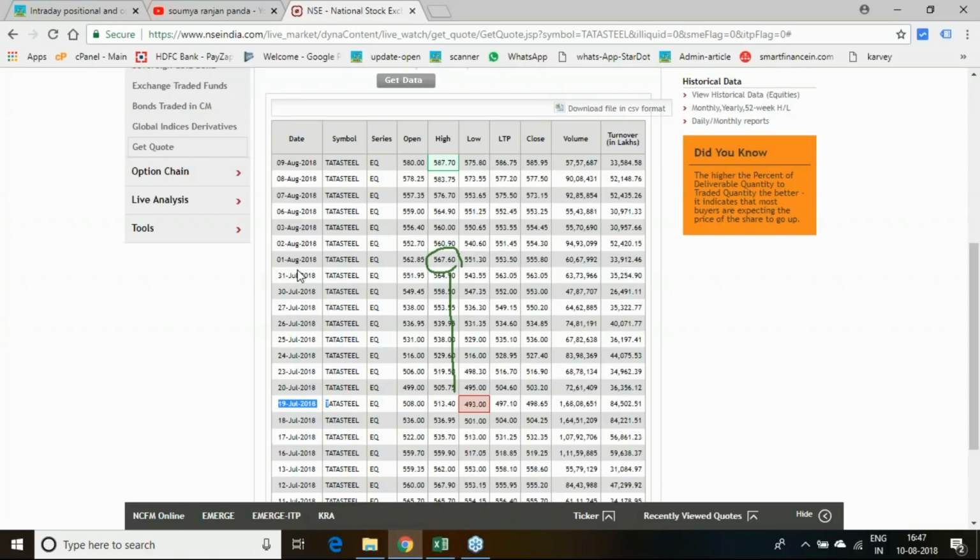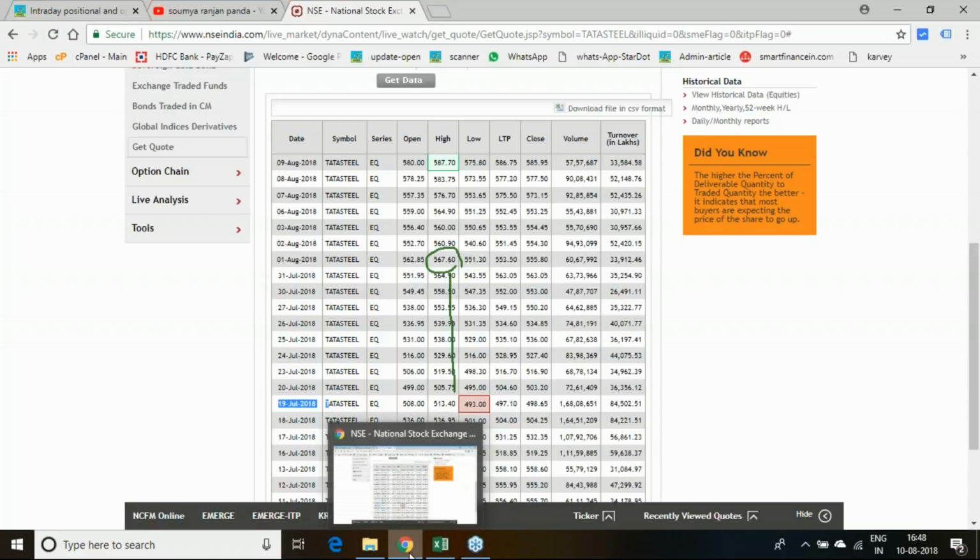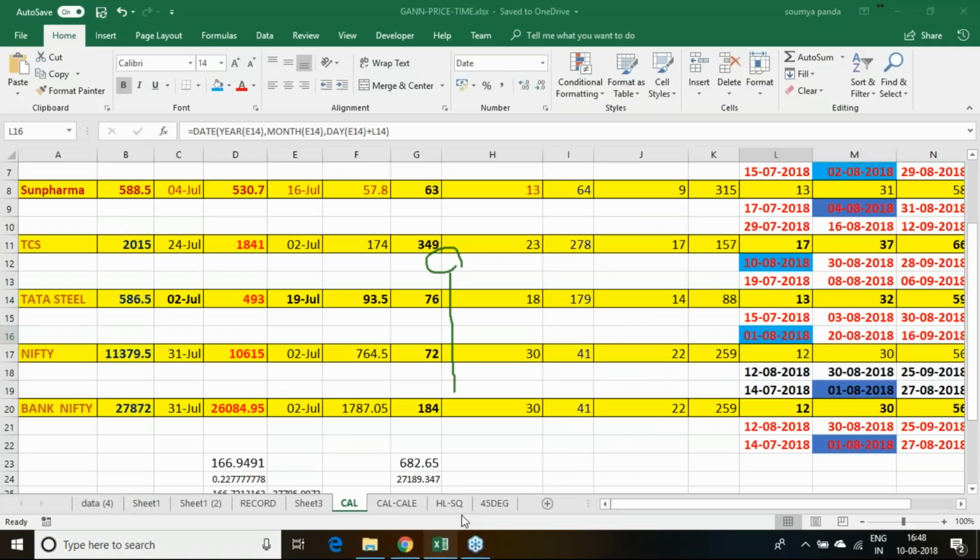From 19th to 1st August it gave the highest price point on that day. Post that it drifted, and on 7th August it crossed this particular high of 567, and on 9th August you made a higher high, so 587 level it has gone.